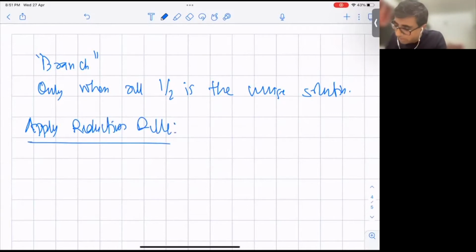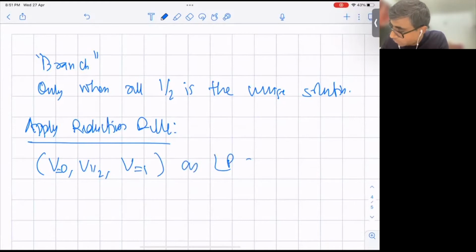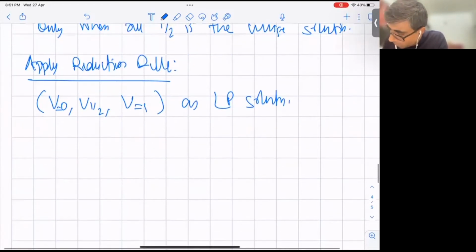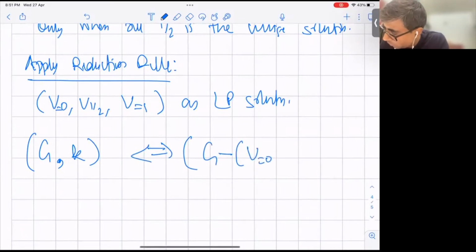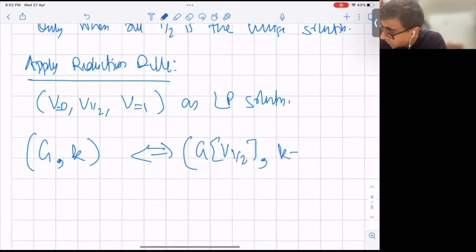The reduction rule is simple. You have V0, V half, and V equal to 1 as the LP solution. Now, we know that (G, k) is a yes instance if and only if the graph induced on V half, with k minus the size of V1, is a yes.